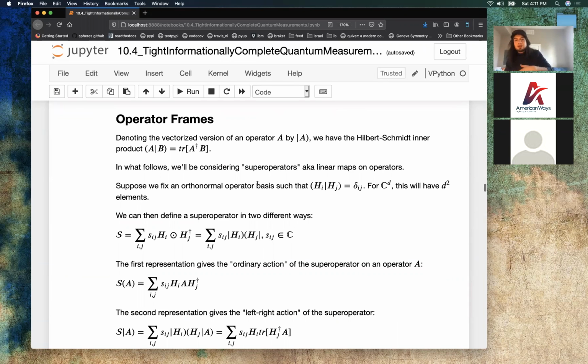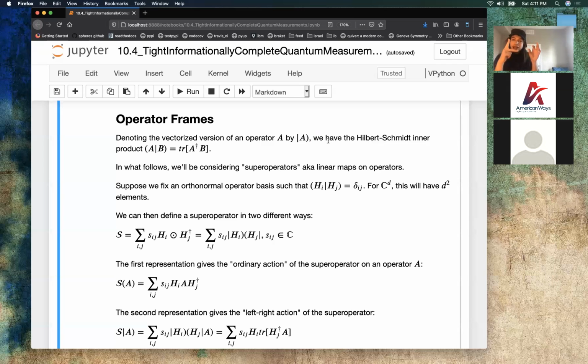We'll have recourse to thinking about the vectorized version of an operator, which we'll write like this, with a little parenthesis instead of an angle bracket. If you have an operator A, you just reshape this matrix into a vector. So it's like this one, this, and then this part goes over here. Blah, blah, blah. It's like unwinding the matrix into a vector.